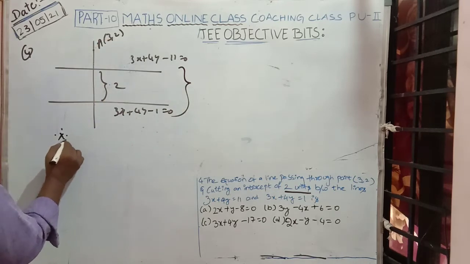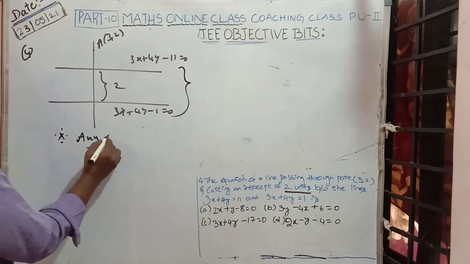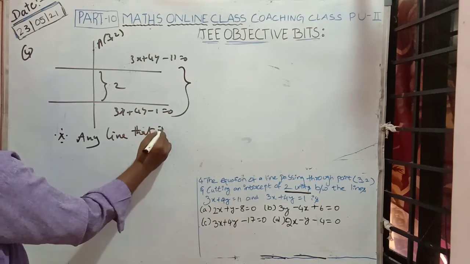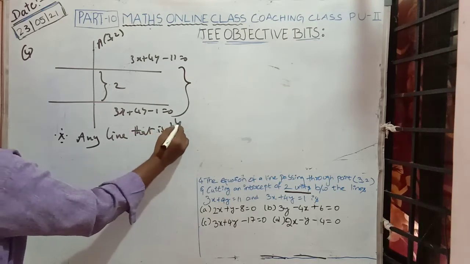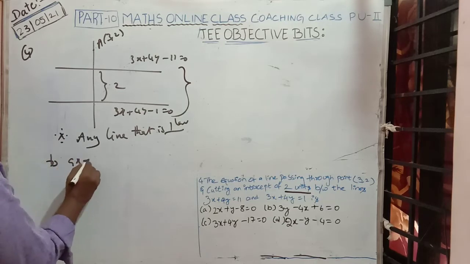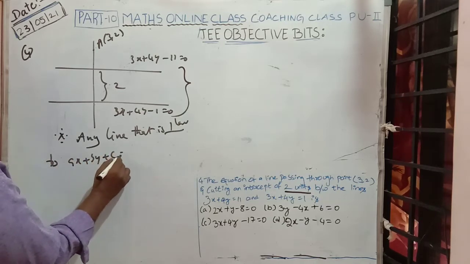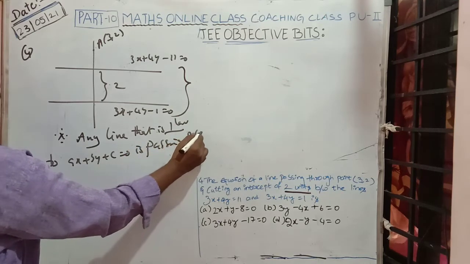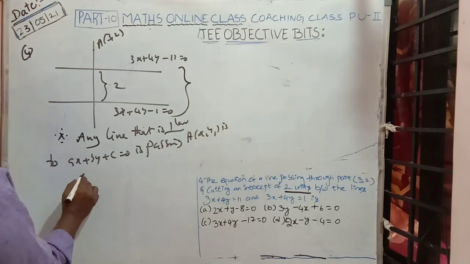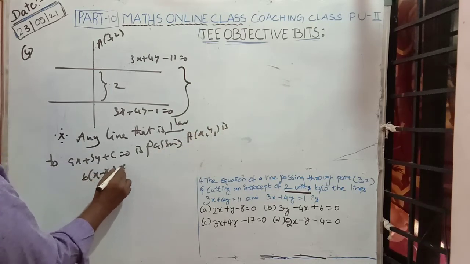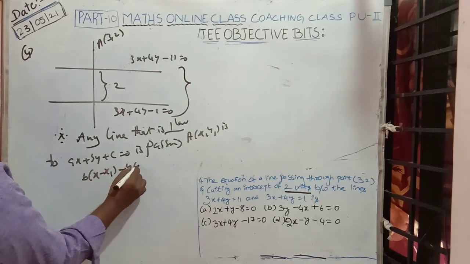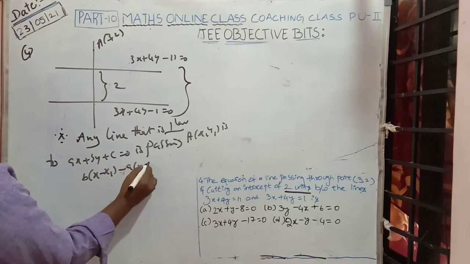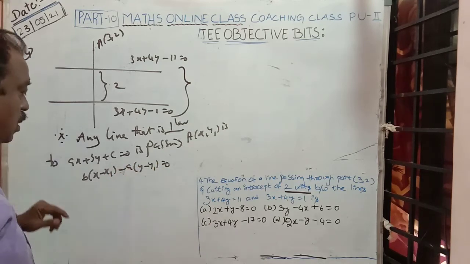One formula is there: any required line that is perpendicular to ax plus by plus c is equal to 0 and is passing through x1, y1 is b of x minus x1 minus a of y minus y1 is equal to 0.